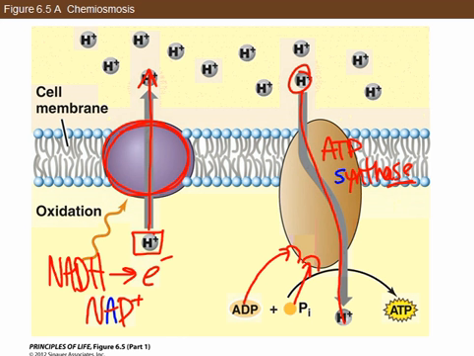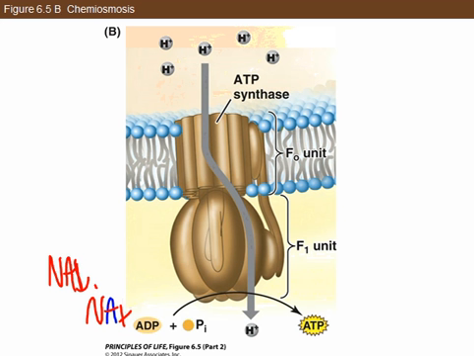And the conformational change of the enzyme is going to push these together and form that third phosphate bond. So let's go ahead and take a look at what ATP synthase looks like in a little more detail.